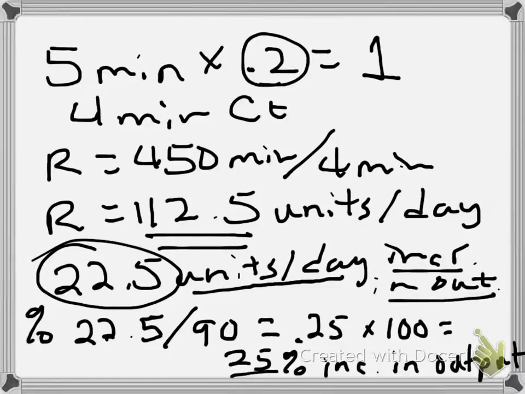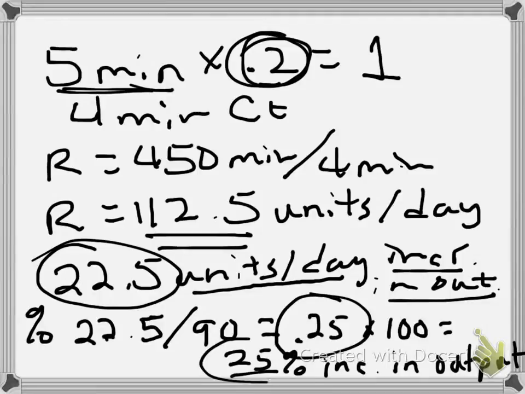So that's the answer we were looking for, a 25% increase in output. So in looking at this, a 20% decrease in cycle time had a 25% increase in output.